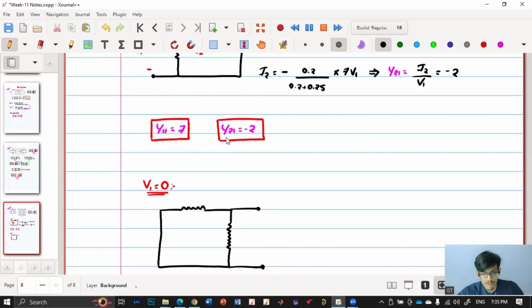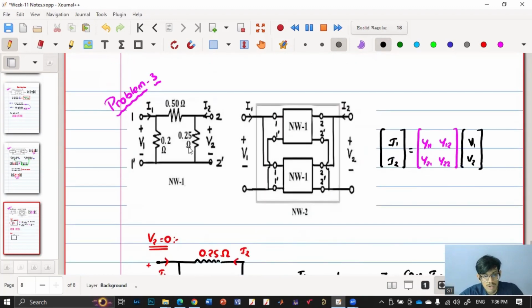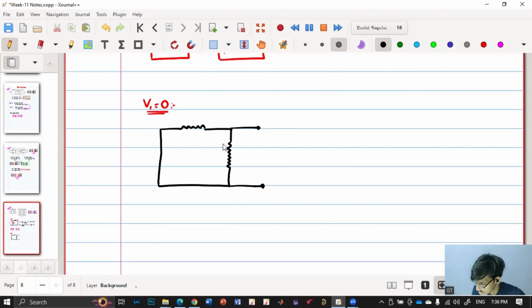What are the resistor values? 0.25 and 0.5. This is our 0.5, and this is our 0.25. And this is plus minus V2, and this is I2, and this is I1.